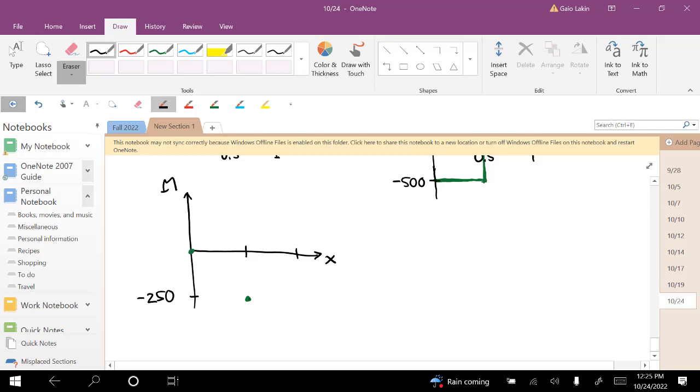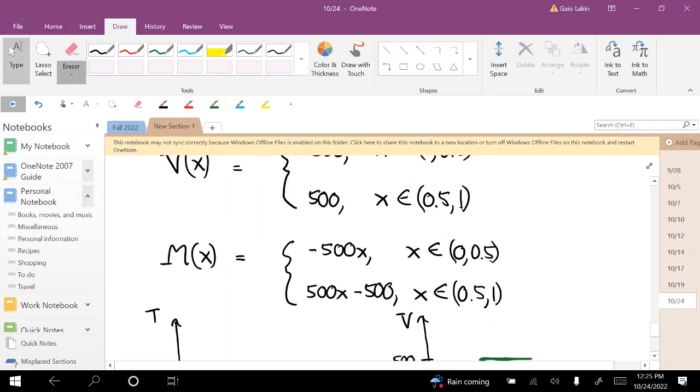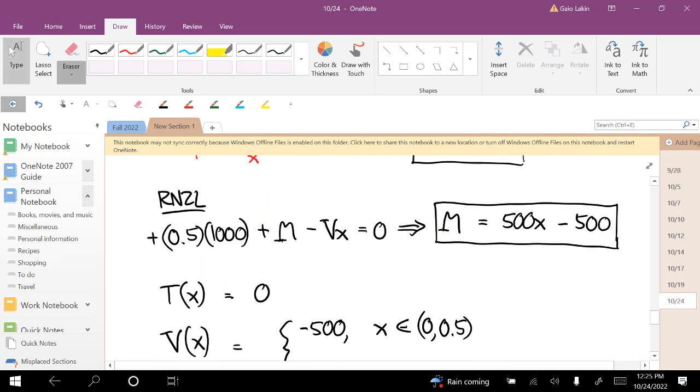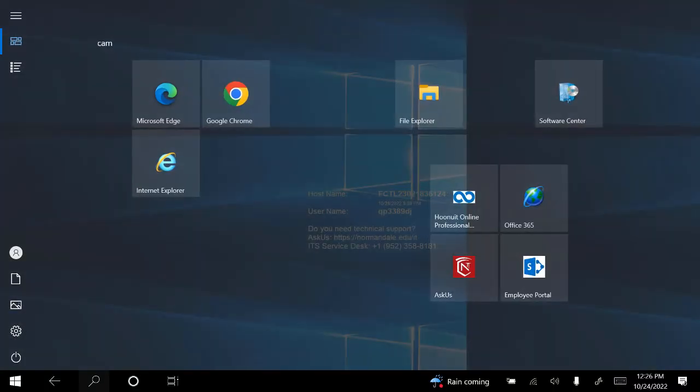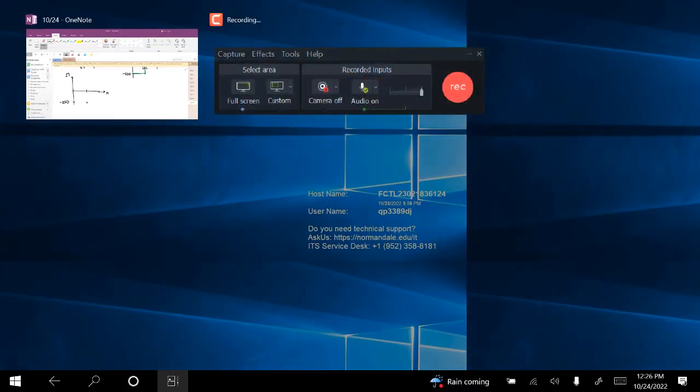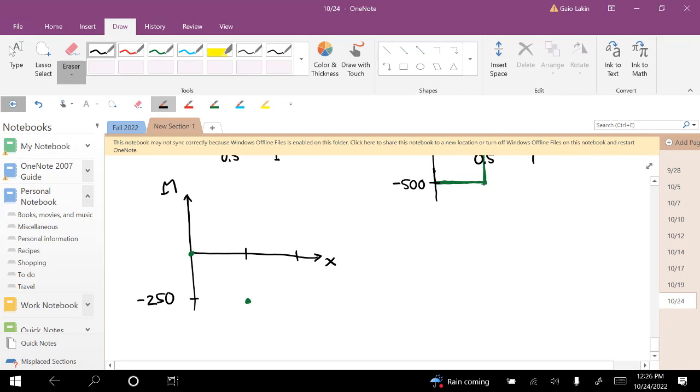Plug 0.5 into the right function and you get negative 250 again, so that just means that this function is going to continue from the same spot. So you get a line like that, and then a line like that.